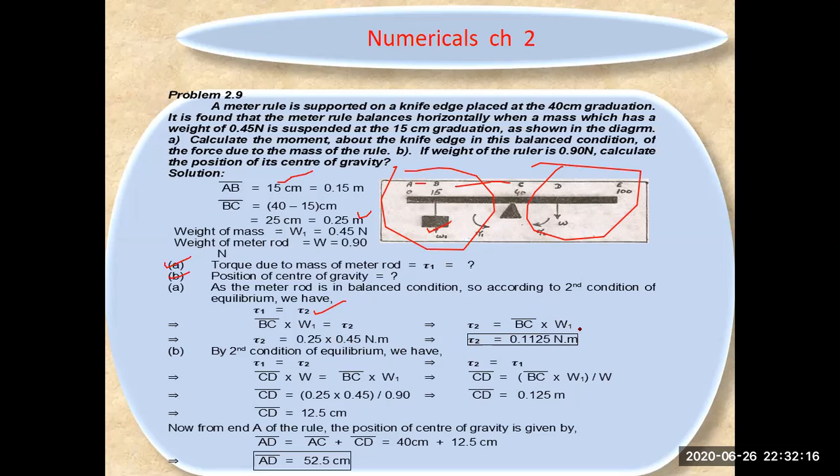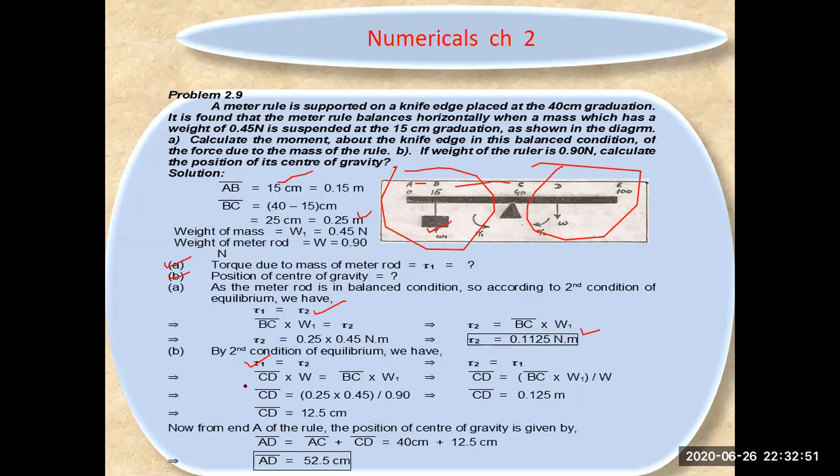So you have calculated tau 2, the torque produced at 2, due to W1. Applying the second condition of equilibrium, the total torque in one direction should be equal to the total torque in the other.